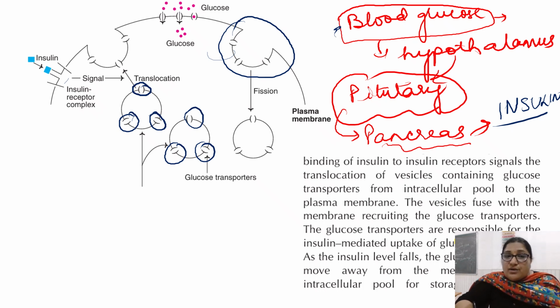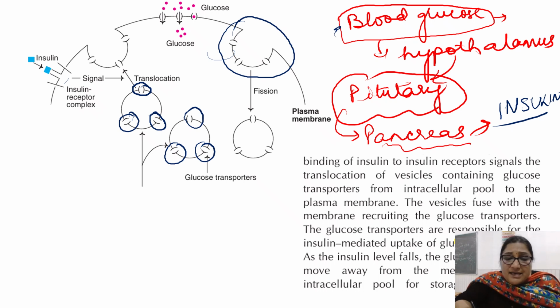This glucose will be immediately phosphorylated, and all these transporters will again come down so as to charge themselves, since they will have to transport glucose next time. The whole mechanism is based on insulin.